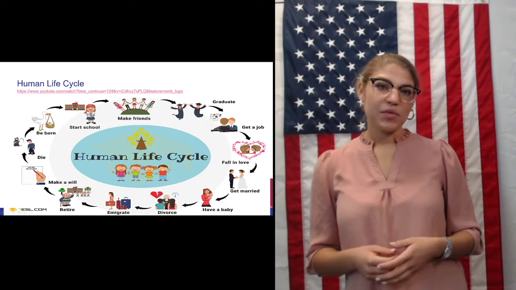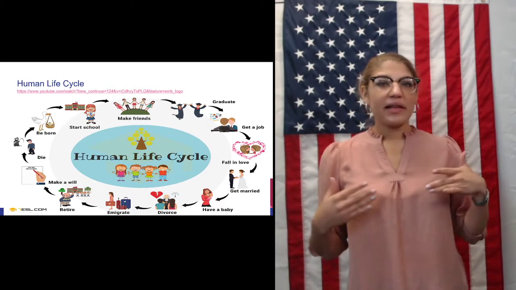For example, ya terminé con mi escuela. I already finished my school. So I will say that I started, porque en pasado, started school. I started school here last month. I started school last month.